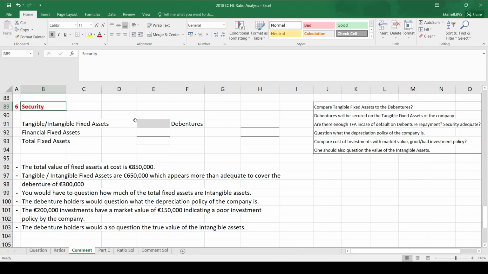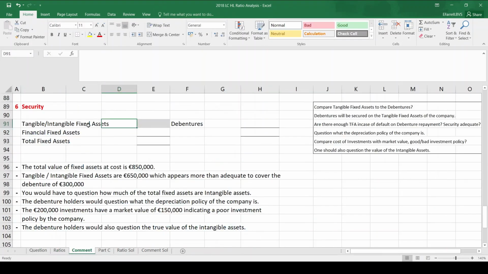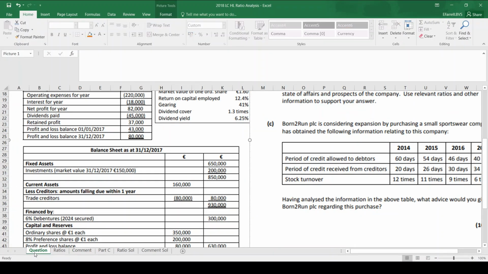So first of all, we're going to look at the assets of the company. Again, from the balance sheet, fixed assets are 650 and investments are 200. So fixed assets 650 and investments 200,000, which makes up the total fixed assets of 850. And how much are our debentures? Our debentures are, as we said, 300,000.